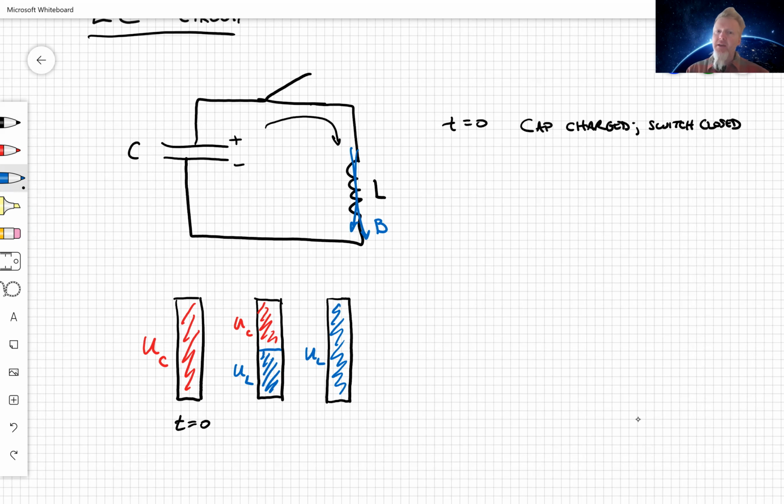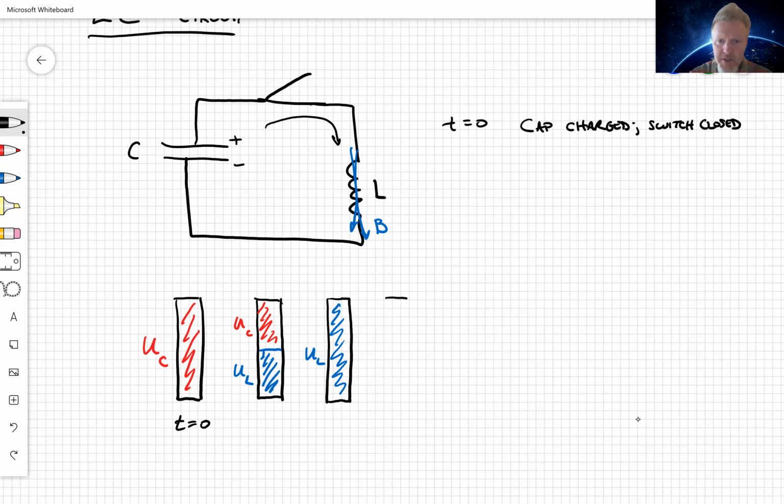So it starts dumping its energy into trying to keep the current going. And what happens then is it starts to push the charge back onto the capacitor. So the capacitor ends up oppositely charged.